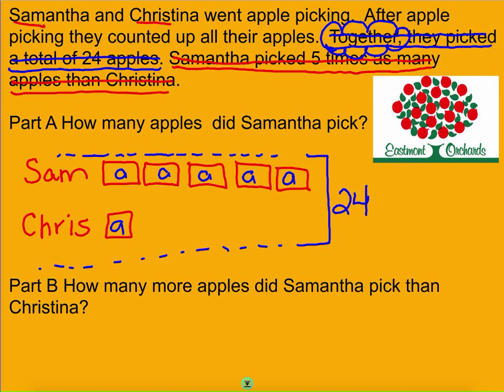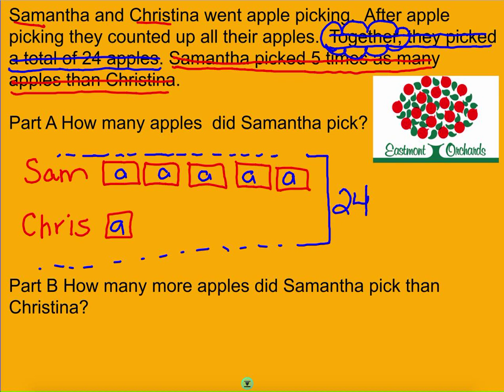All right, so now we have a whole bunch of A's inside this bracket. But this time, we're not only counting just Samantha's A's, but you got to include Christina's as well. Why? Because it says together, and the bracket shows that I have to count up all the A's inside there.